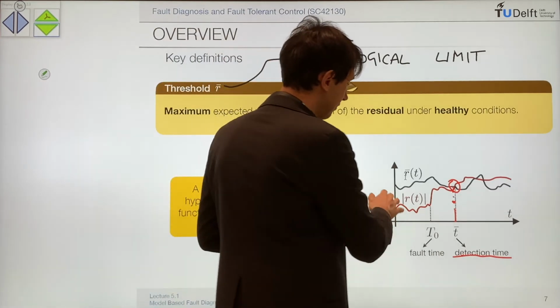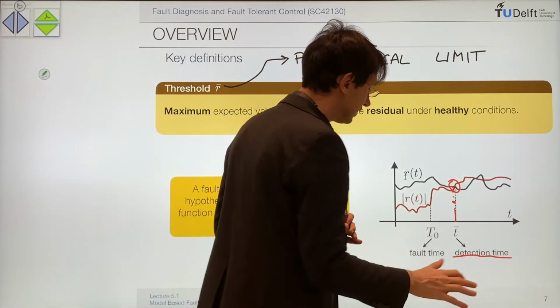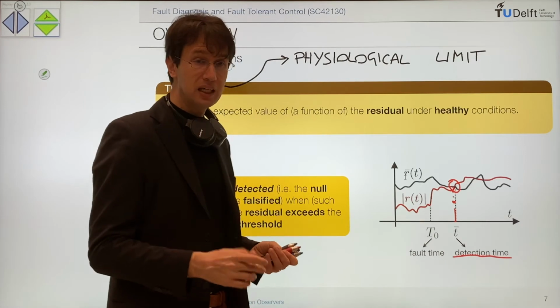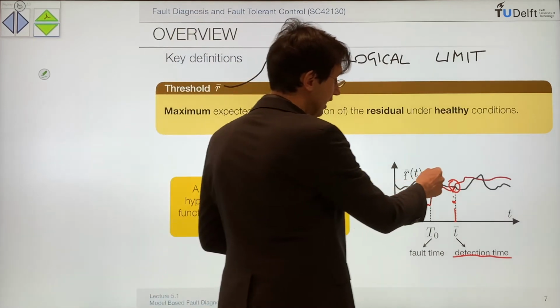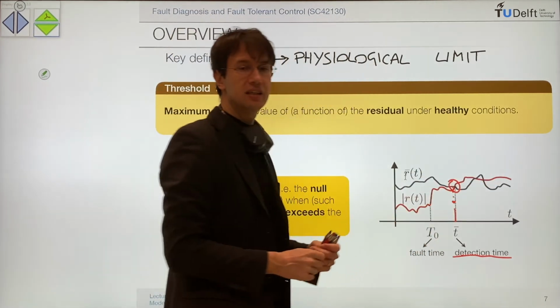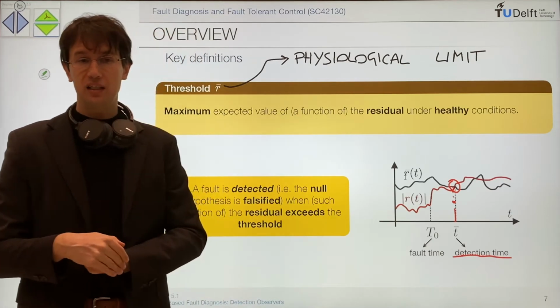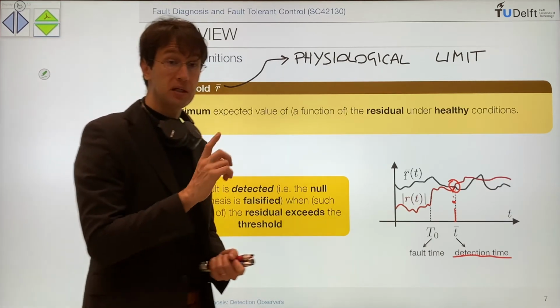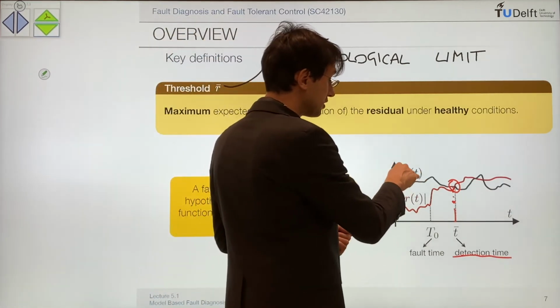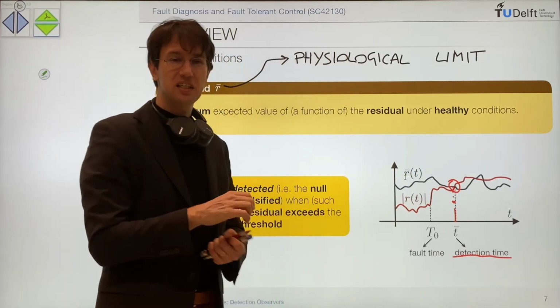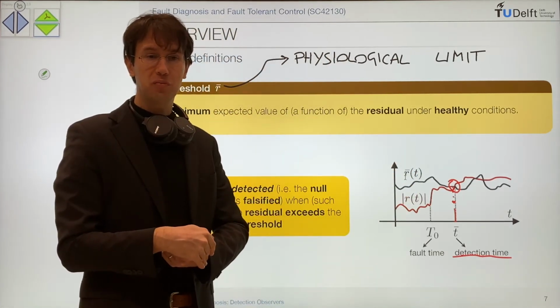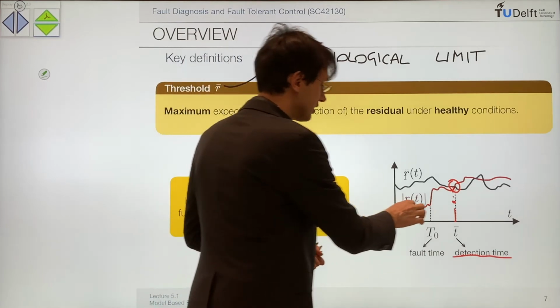When we go model-based, this translates to having a threshold that is high enough such that we don't have too many false positives, but also small enough such that we have a lot of true positives, even for small faults.